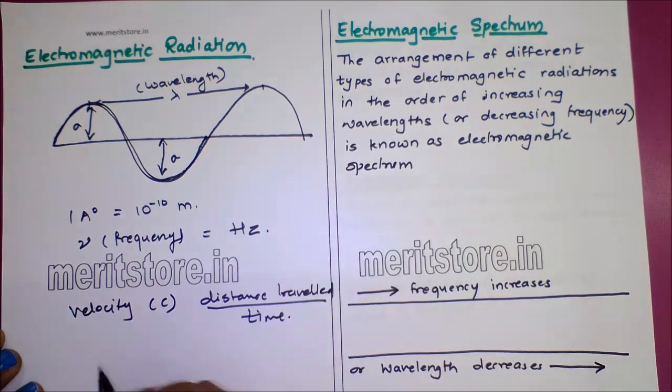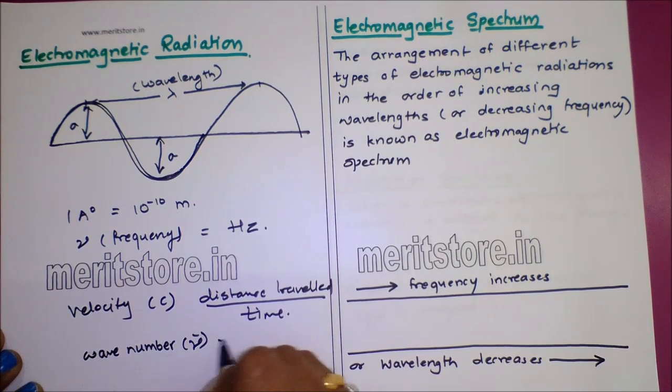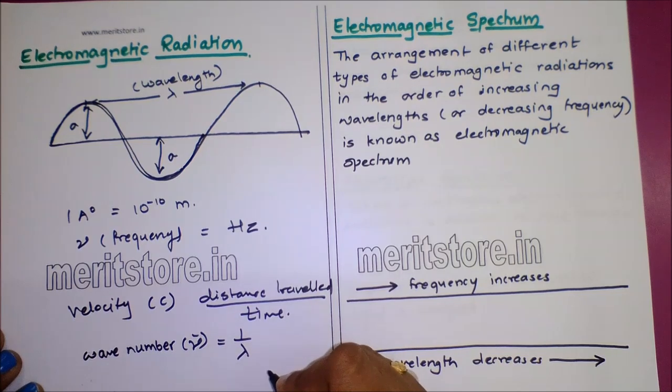And we have one more characteristic related to a wave, called the wave number, denoted by nu bar, which is the reciprocal of lambda. It is the number of wavelengths per centimeter, or equal to the inverse of the wavelength expressed in centimeters.